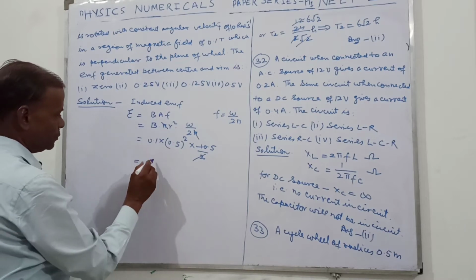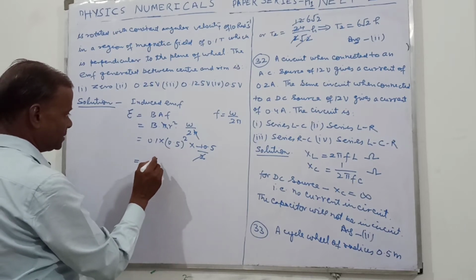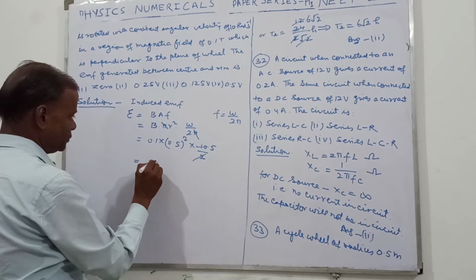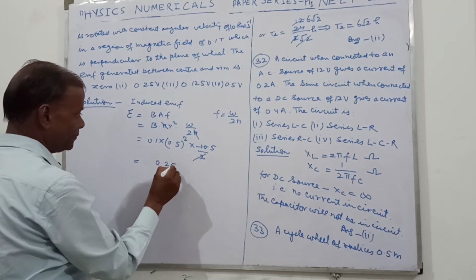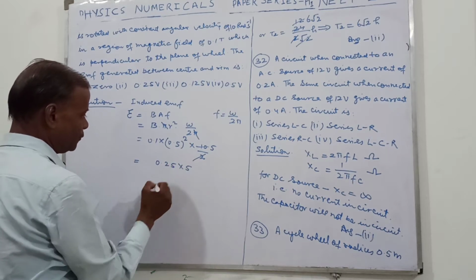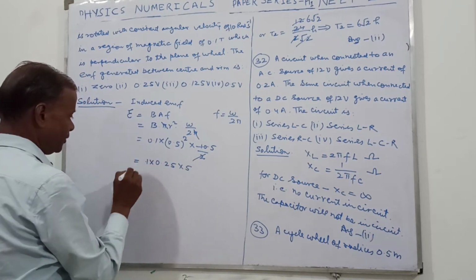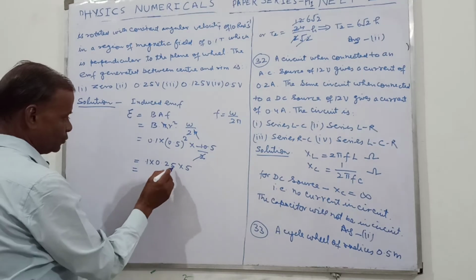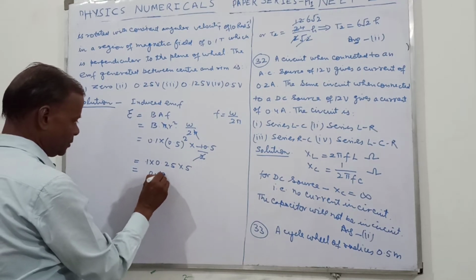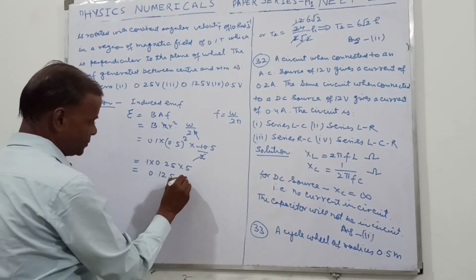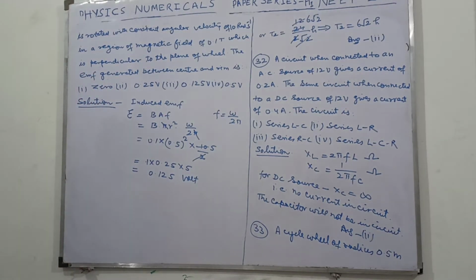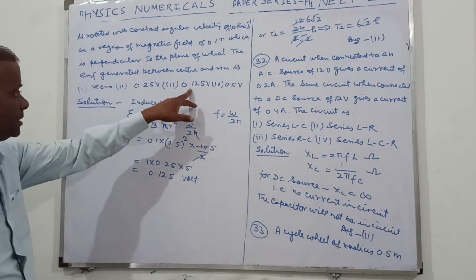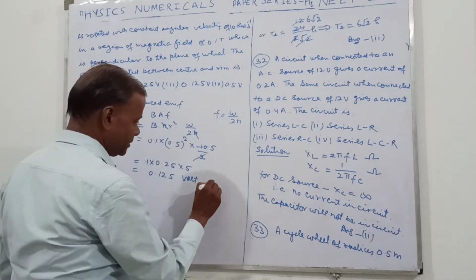So this is 0.25 into 5 into 0.1. So this is 0.125. This is the answer. So our option is third.